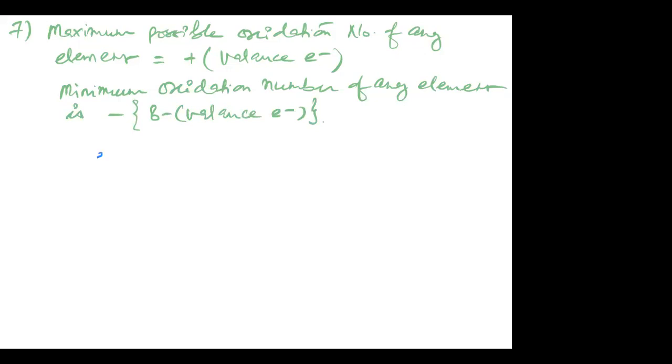For example, nitrogen, whose atomic number is 7, has electronic configuration 2,5. The minimum oxidation number of nitrogen is -3, and the maximum is +5.